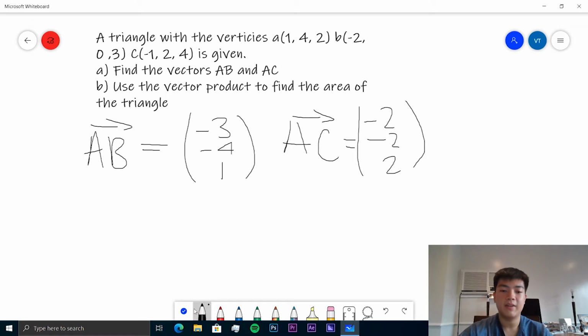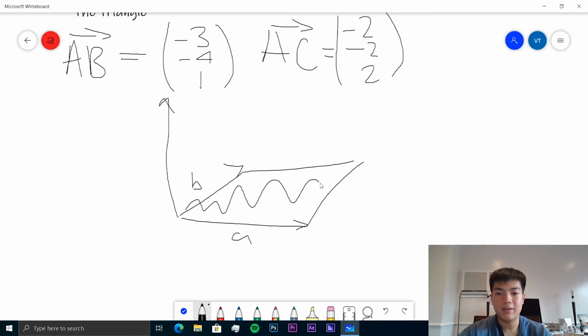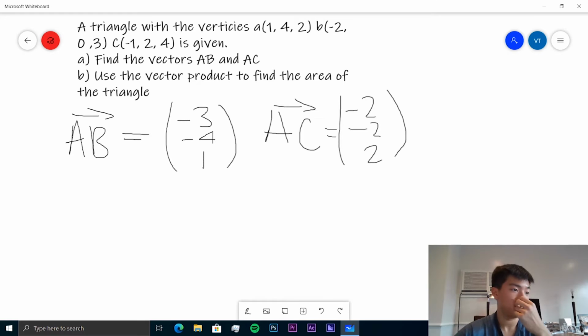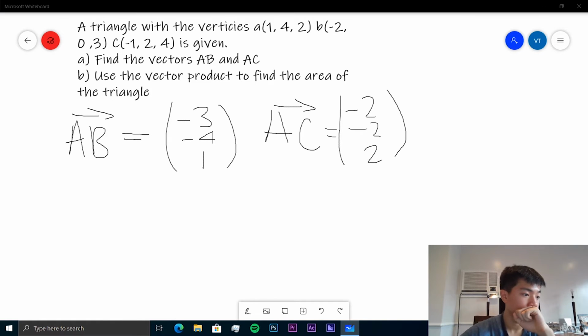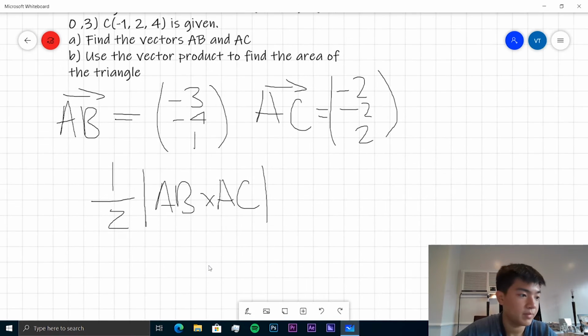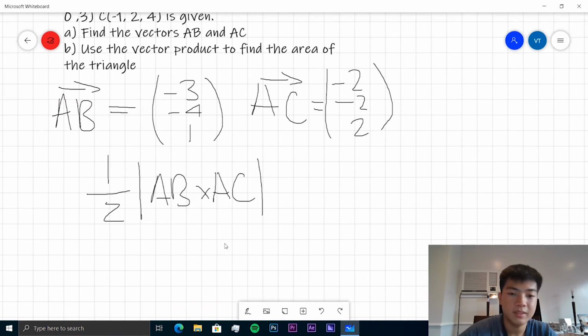So if we use the vector product to find the area of a triangle, remember the vector product, if we have two vectors, say A and B, the resultant vector will have the magnitude of this parallelogram over here. So we just need to find that resultant vector. So this is equal to 1/2 times AB cross AC. And I guess there's a little trick we can use.